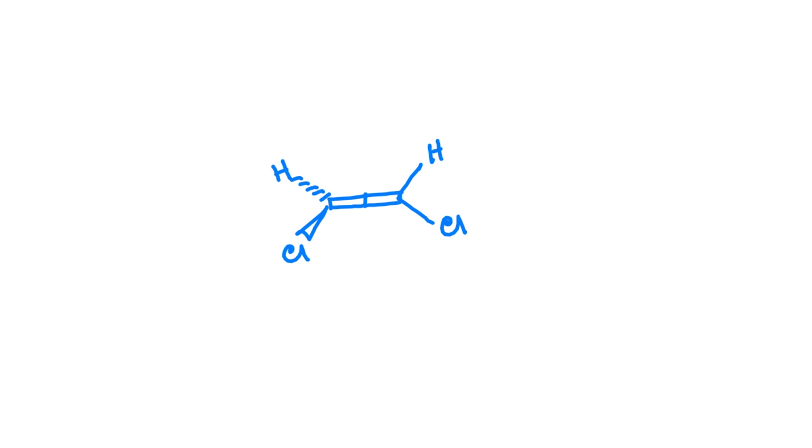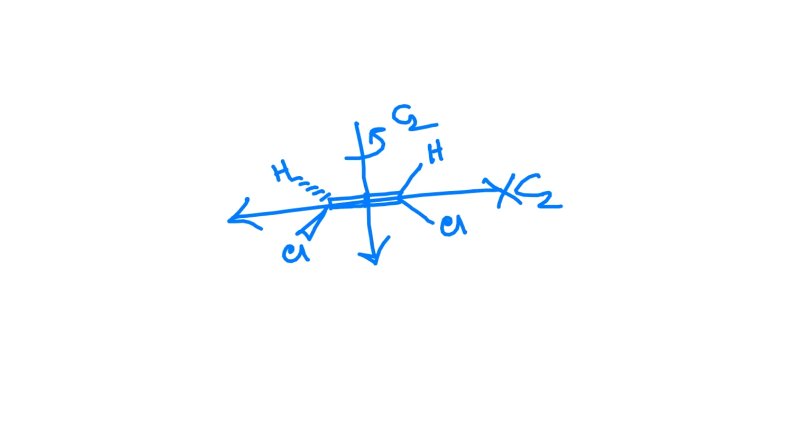This C2 is absent, right? This C2 is absent or it is present? Yeah, so someone has written down C2. So which C2 you are talking about? This C2? This perpendicular C2 you are talking about.